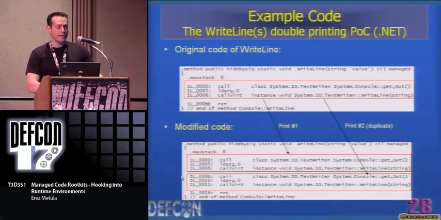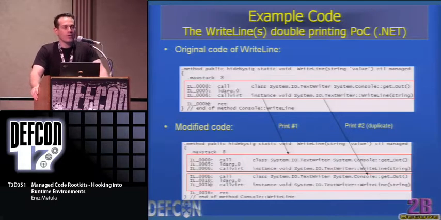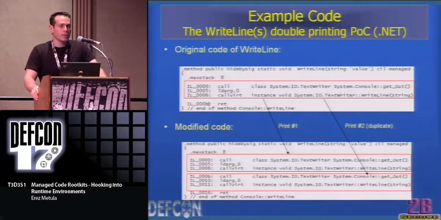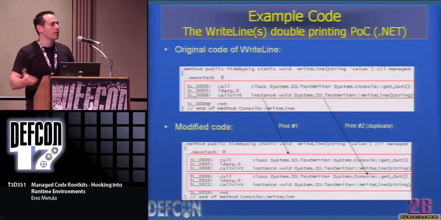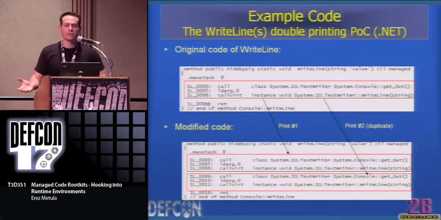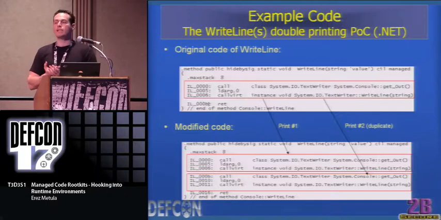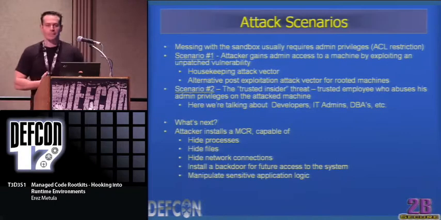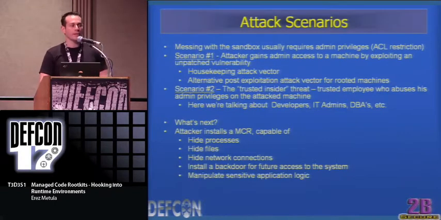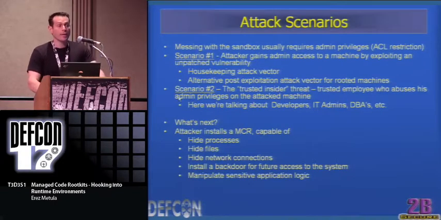But in the second scenario, we're talking about the trusted insider. This is one of the major problems that we're facing today in security: those are the people who already have access to the system. Now we're talking about IT managers, developers, DBAs. Those guys already have administrator level access. They don't have to steal this access, right? So they can take advantage of it and probably install an MCR.